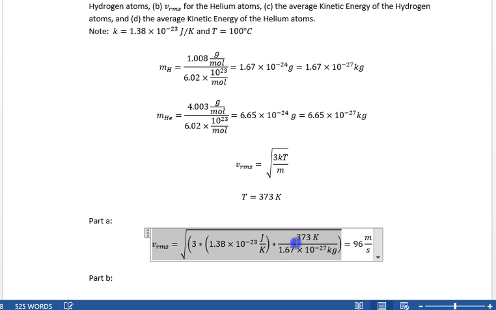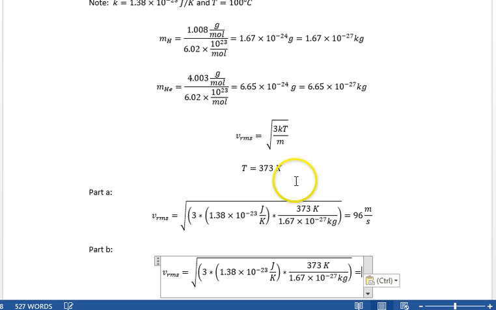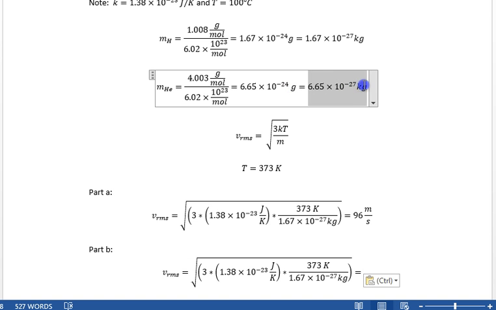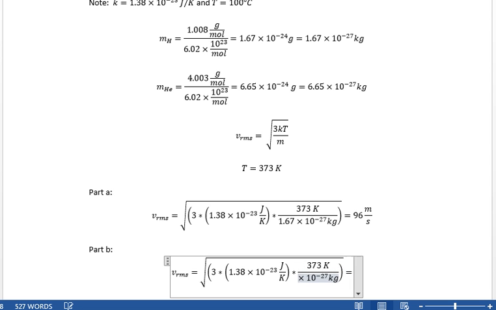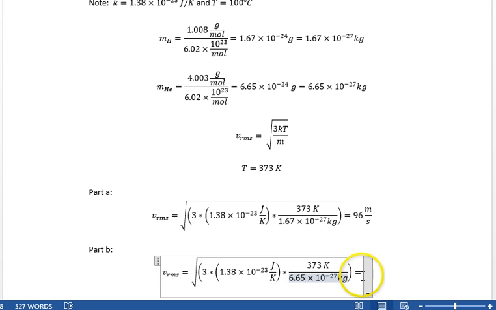All right, part B. In part B, everything is the same except for the mass. The mass is now 6.65 times 10 to the minus 27 kilograms.